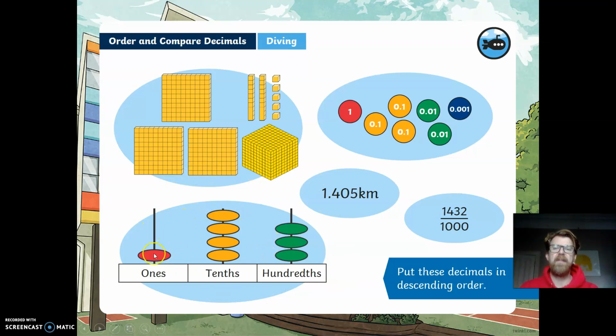We're going to have to convert them, change them into decimals. So I'm going to let you spend a few seconds. Put yours on pause by pausing the video and see if you can work out which ones are which. Then I'm going to come back in a moment and we'll go through them together.